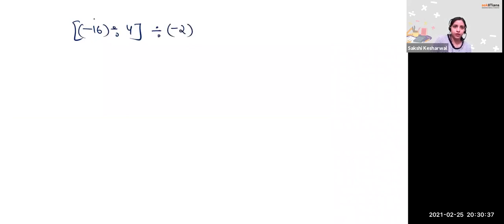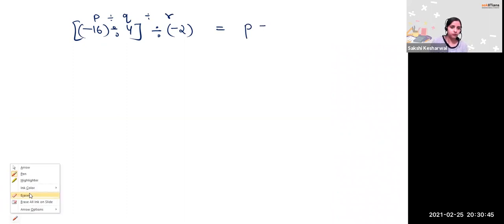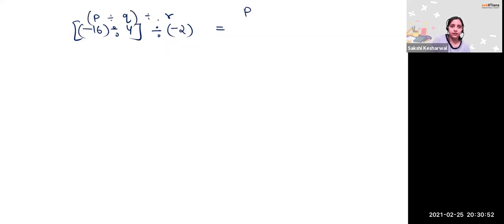I'll just show you. This is p divided by q divided by r. Now you bracket this thing, and p is left alone. So p is minus 16, divided by 4 divided by minus 2, right? This is your answer.